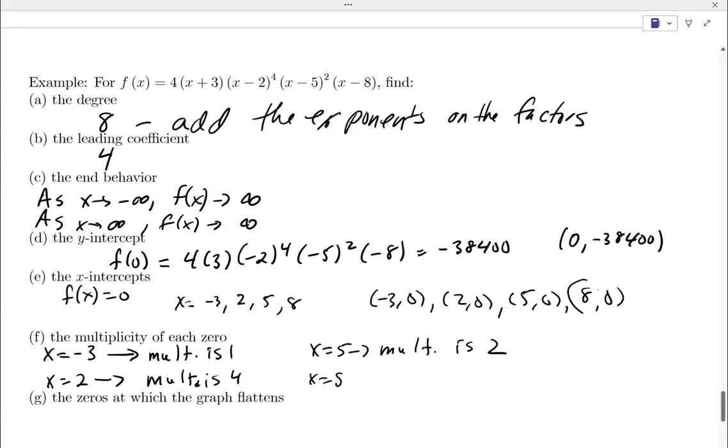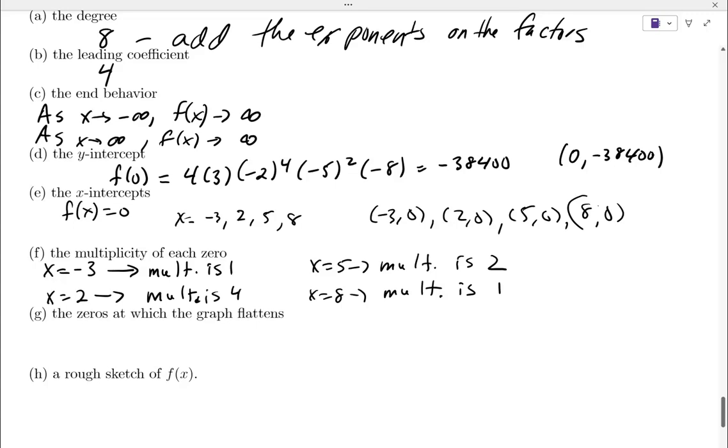And for x equal to 8, 1. Good. And again, we use the multiplicity to tell us two things, right? The multiplicity tells us flatten or not. It also tells us cross or touch, right? Those are the two pieces of information we're going to get. Okay?